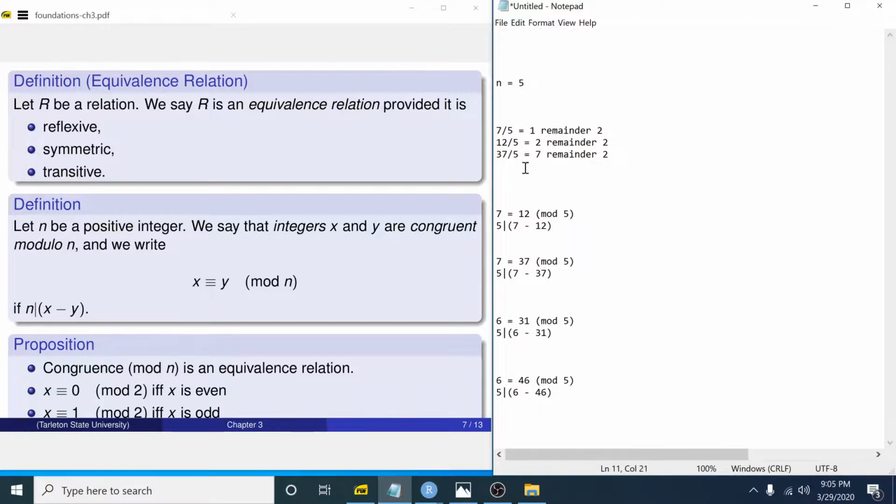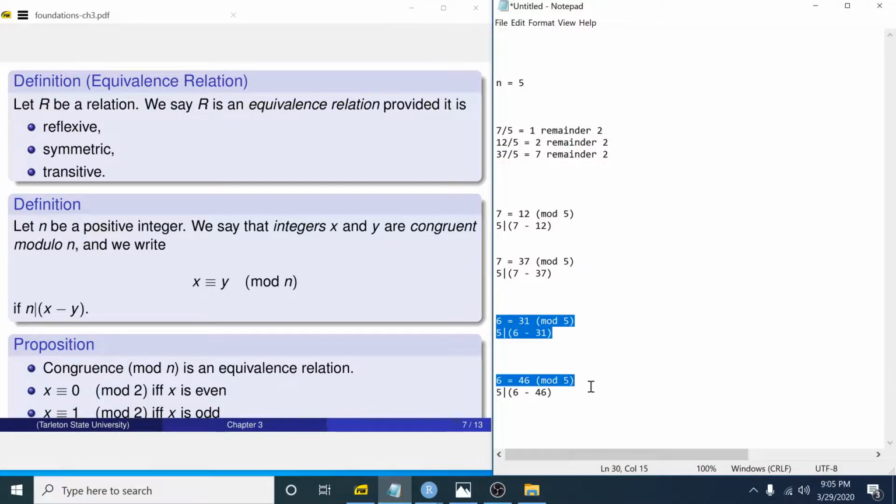So if you take the number 7 and divide it by 5, you get a remainder of 2. If you take 12 and divide it by 5, you get a remainder of 2. Well, then that means that 7 and 12 are congruent mod 5. If you take 37 and divide it by 5, you also get a remainder of 2. So 7 is congruent to 37 mod 5. So if you get the same remainder when you do the division, those two numbers are going to be congruent.